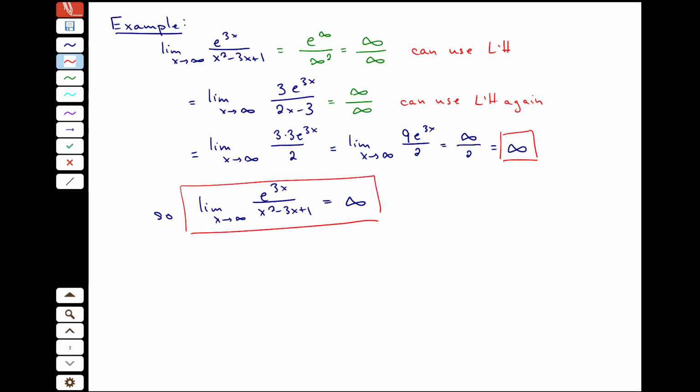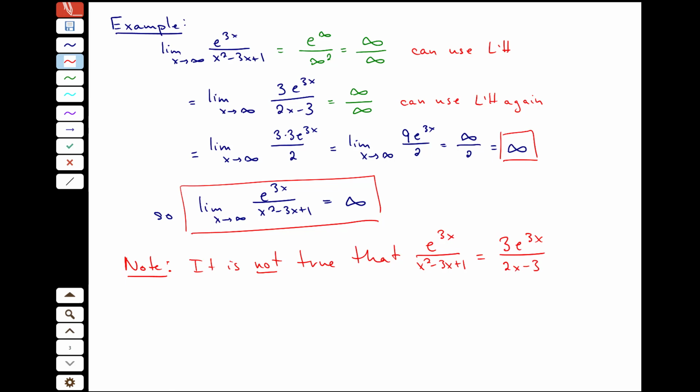One thing that I'd like to call your attention to is that it is not true that, for example, e to the 3x divided by x squared minus 3x plus 1 is equal to 3e to the 3x divided by 2x minus 3.